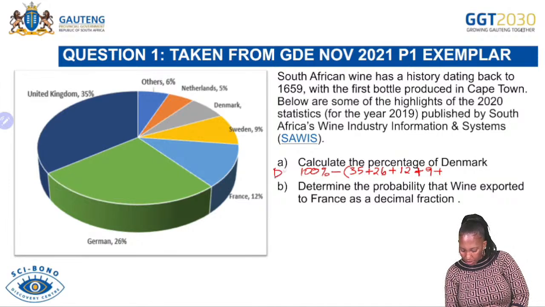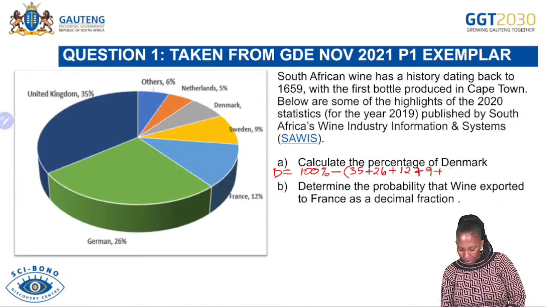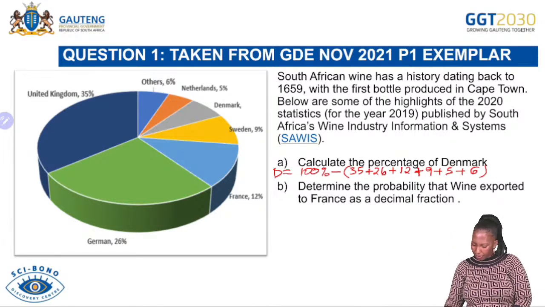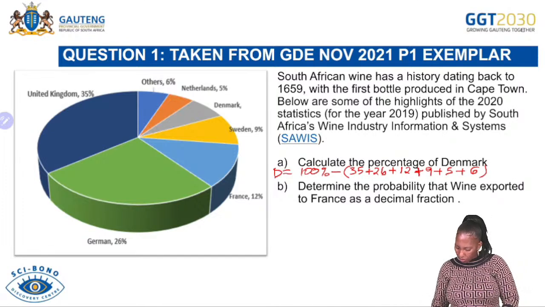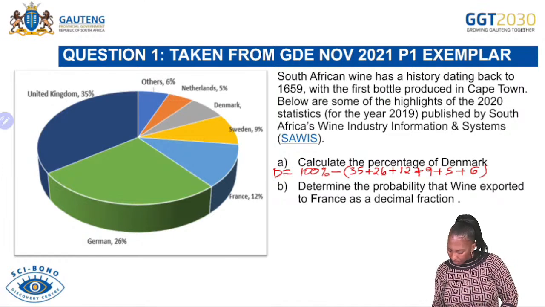So let me say D is equal to, and then now we are skipping Denmark. Netherlands, it is 5 plus other, which is 6. And then let's quickly add so that we get the answer. It will be 35 plus 26 plus 12 plus 9 plus 5 plus 6.